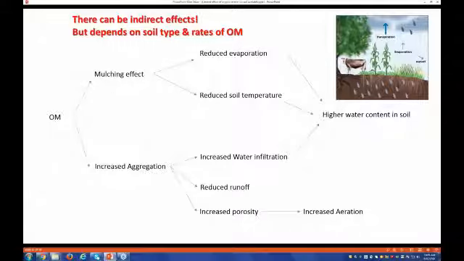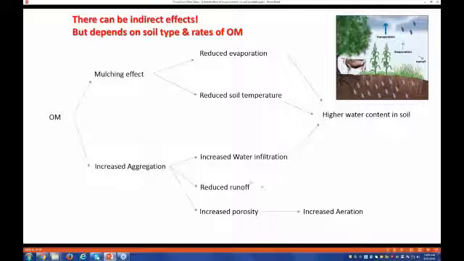It can have a mulching effect. That means it prevents evaporation and also reduces soil temperature. And adding organic matter can increase aggregation, so the soil clumps together, holds together, and has better porosity, as we saw before. Then it could increase water infiltration, the amount of water entering the soil during a rain or flood event.